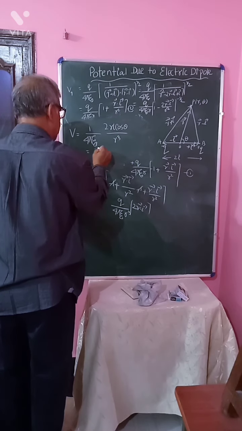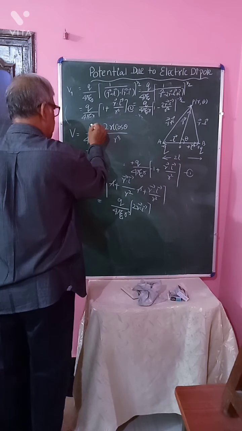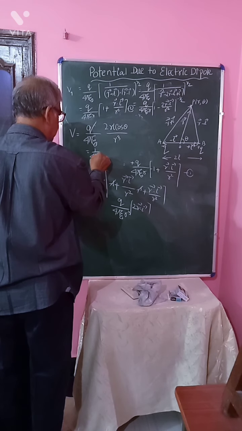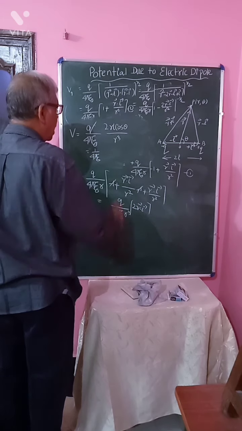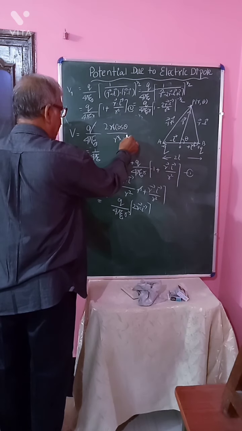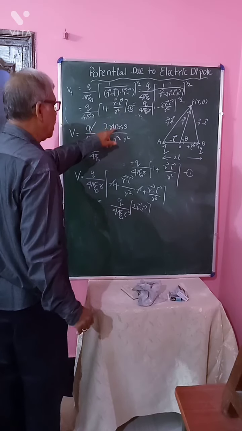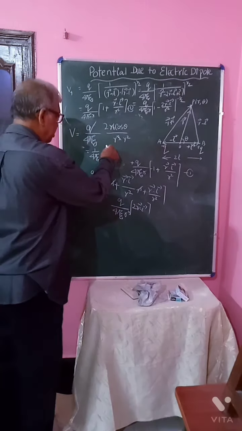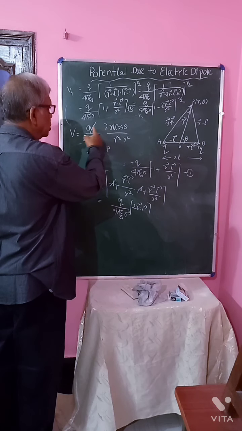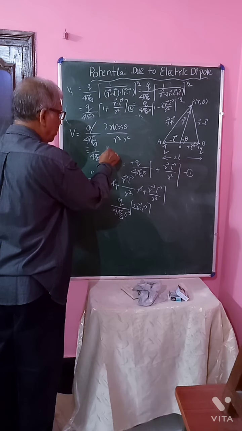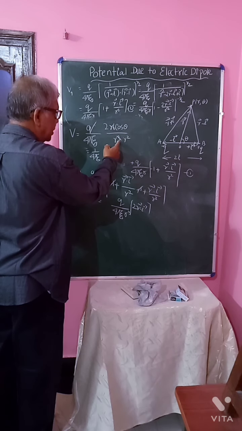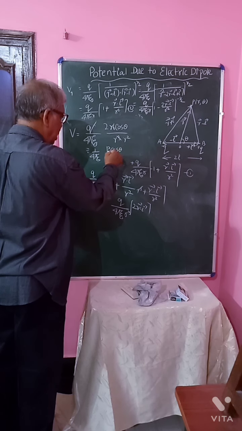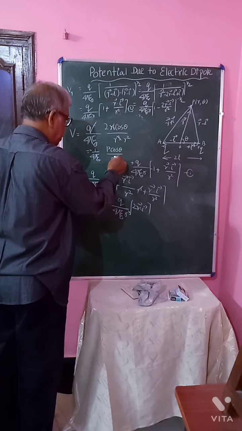Now, 1 by 4 pi epsilon 0, Q, and R cubed cancels, we have R square, 2QL, that is P cos theta. 2QL is the dipole moment P, so it is P cos theta by R square.